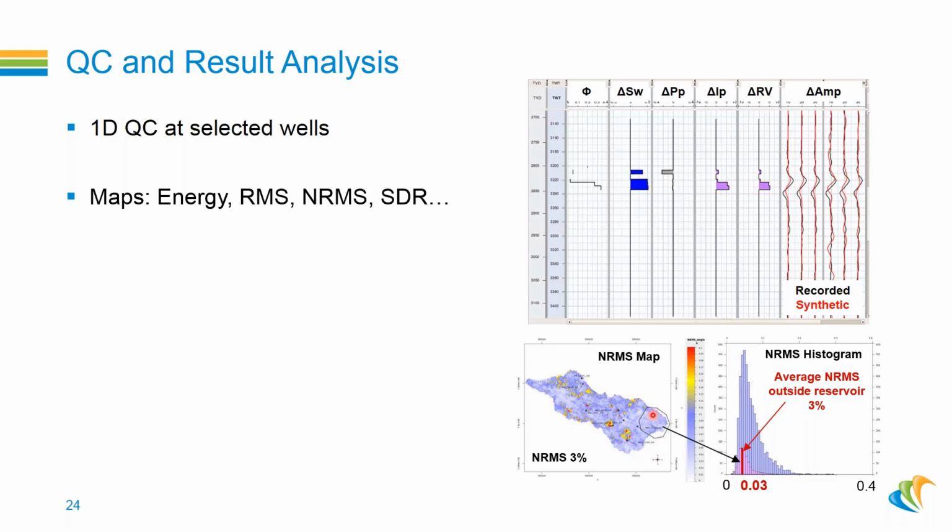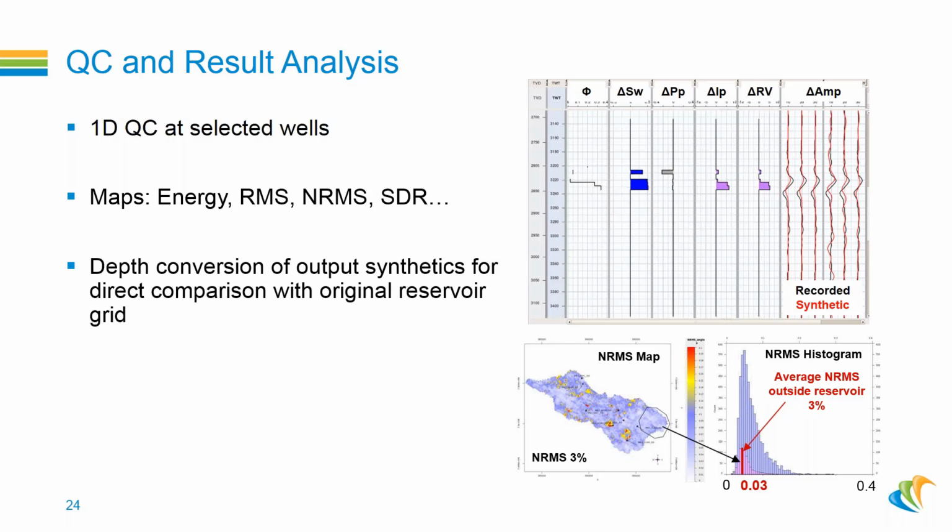So we established this histogram, and the average is showing 3% NRMS outside the reservoir. If we believe there is no reservoir and we see some signal there, then we need to go back to the reservoir model and check why it is showing, for example, reservoir variations there. We are not expecting that there.